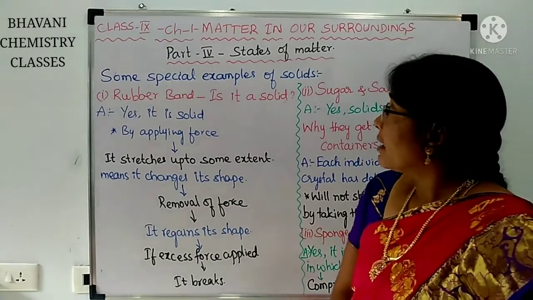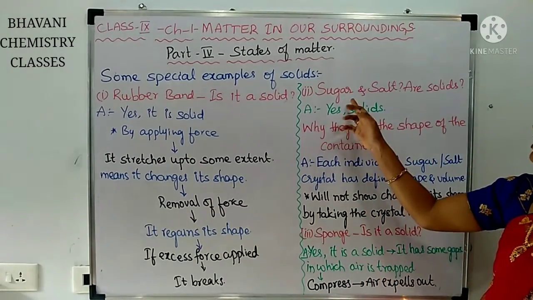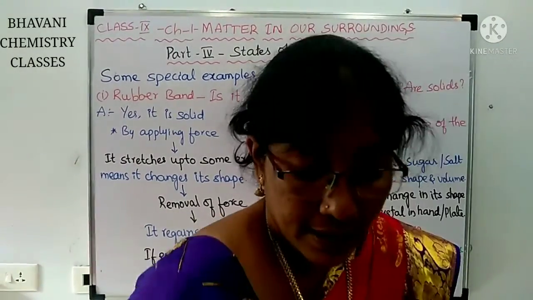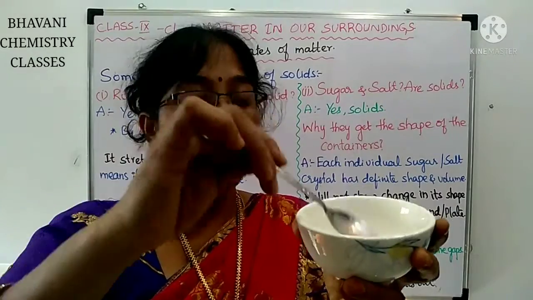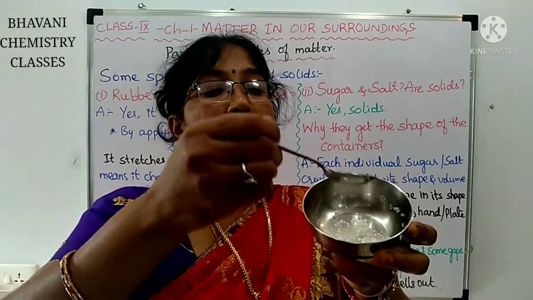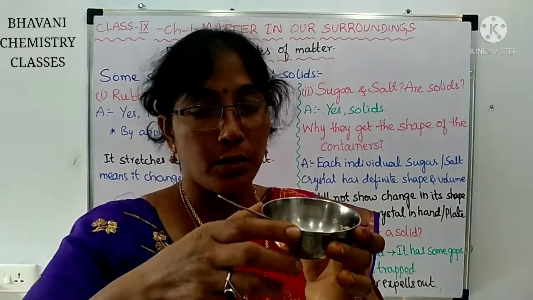Next. Now let you know about one more example, that is sugar and salt. See, this is salt. And this is sugar. No doubt, by seeing their appearance we can say that these two are solids only.